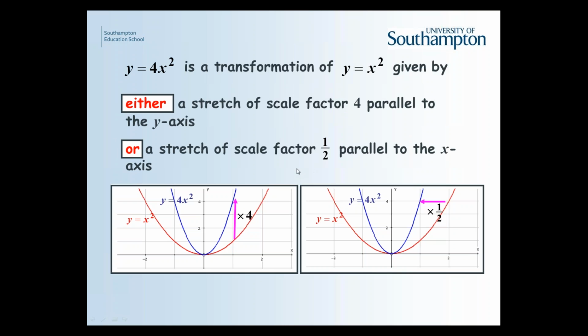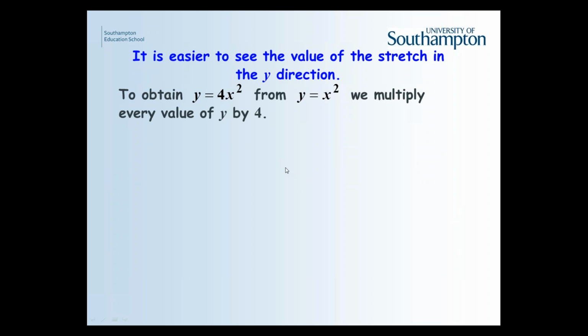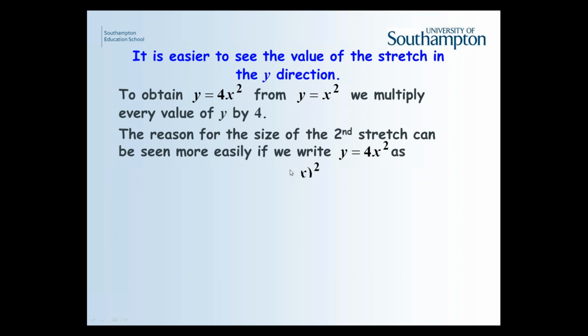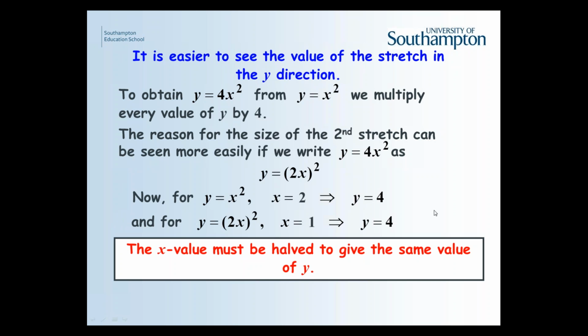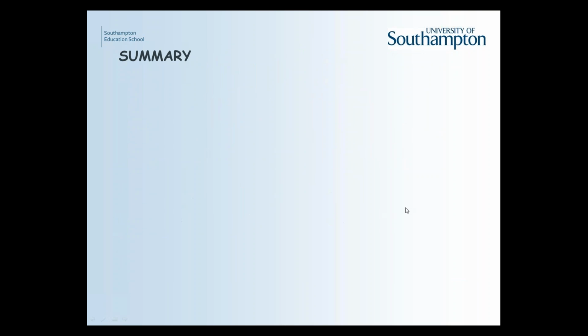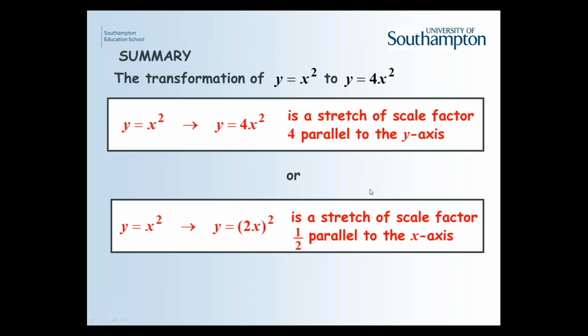So that's just an oddity of the symmetry, basically, of an x-squared graph. So this is just going through all of what I've just said. In fact, the fact that it's the opposite, so we have to halve the x value to get back the same value of y. Quite a lot of things.